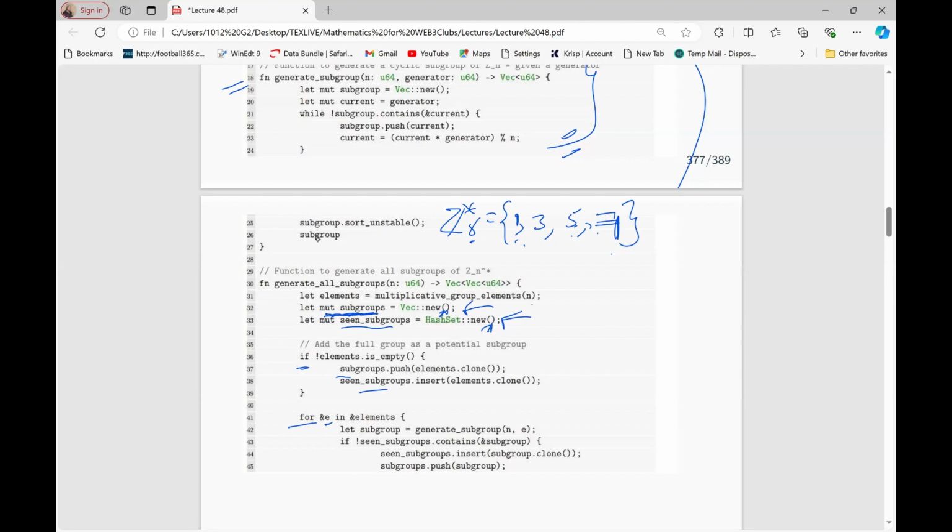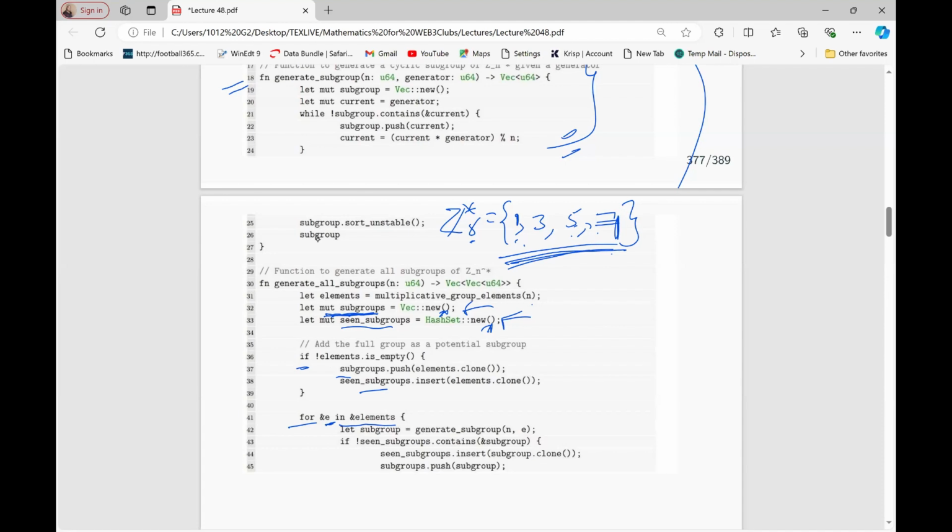For every E in the elements. Now, these are my elements, and each of them is now being referred to as E. Is that okay?